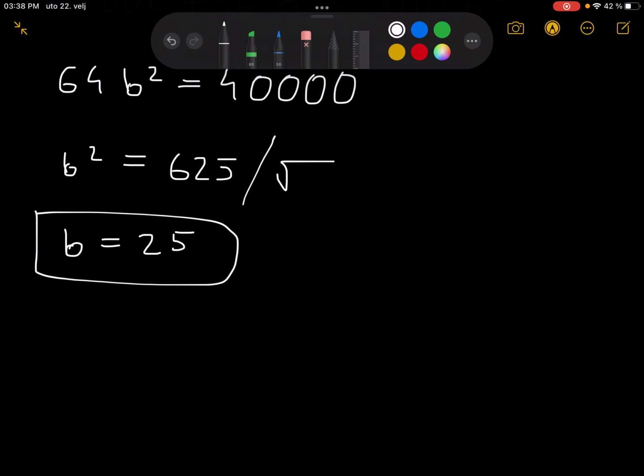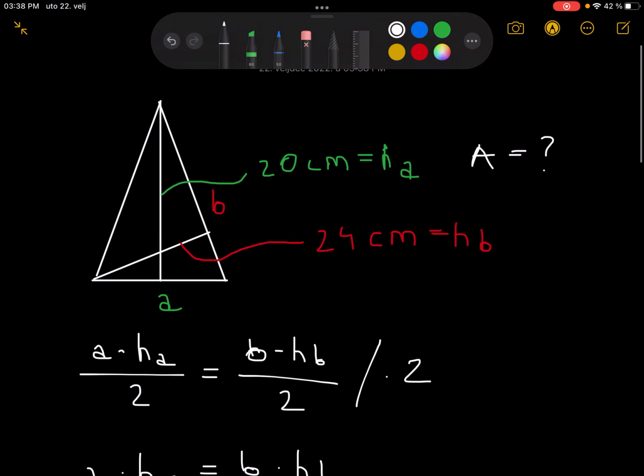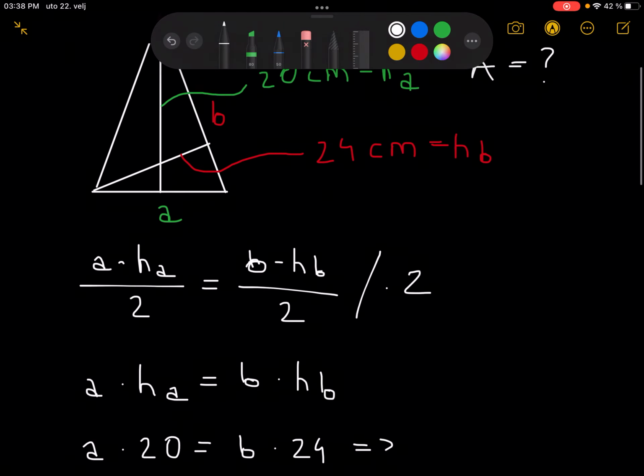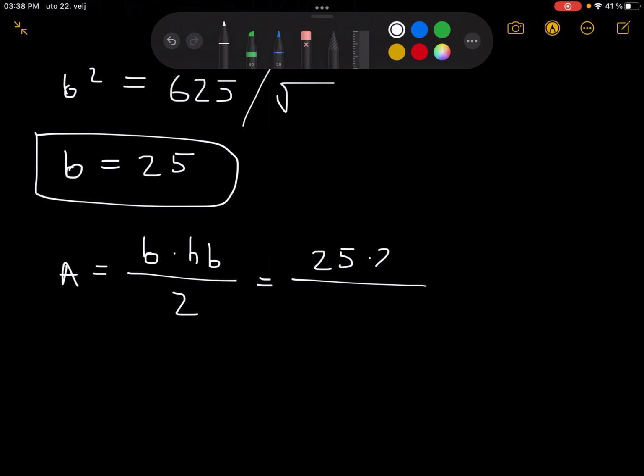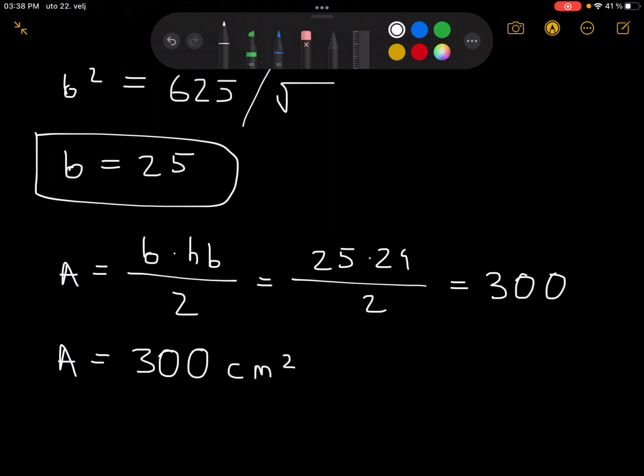Now that we know that B is equal to 25, and that we know that HB is equal to 24, we can say that the area, which is equal to B times HB over 2, is equal to 25 times 24 over 2, and that is just equal to 300. Okay, so the area of our given triangle is equal to 300 centimeters squared.